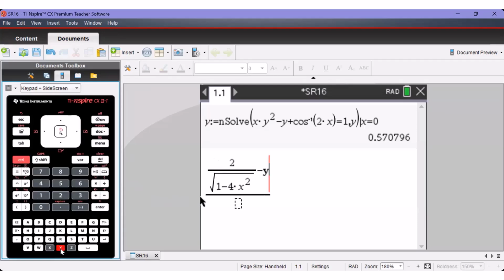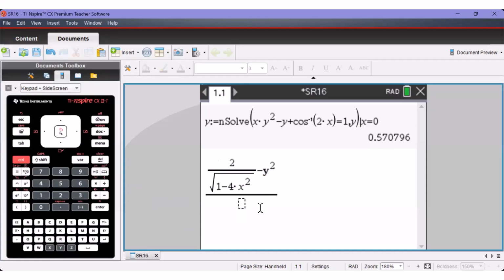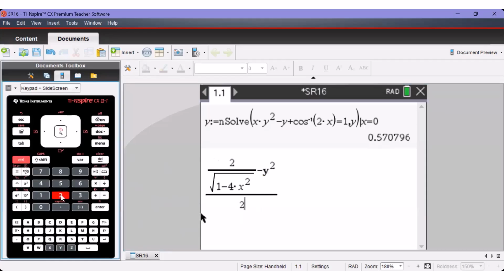Subtract y squared. Now notice that y is bold and non-italicized because that y we've found to be 0.5707, etc. on that previous entry line. Now come down with the navigation pad into the denominator there, and we will type in 2 times x times y, notice it's bold and non-italicized, minus 1.